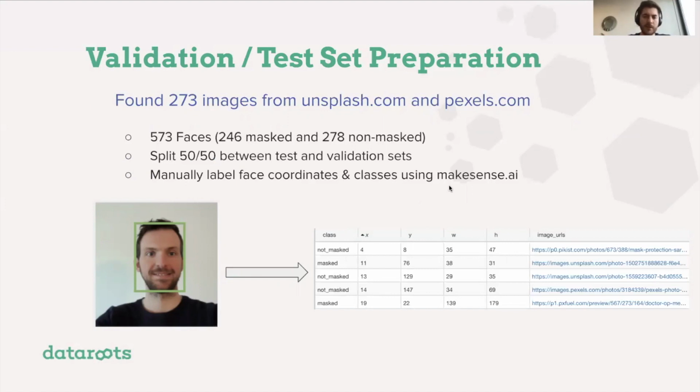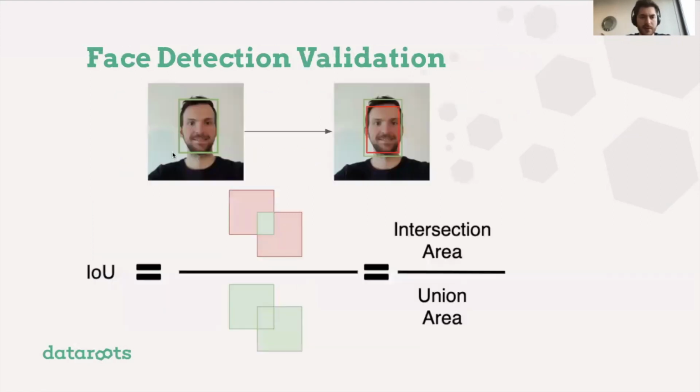This web application provides us a very easy manual labeling. You just draw this rectangle, the ground truth box, and it automatically extracts the coordinates of the ground truth. And you can also manually label whether the person is not masked or masked. And by using this website, we labeled all these faces.